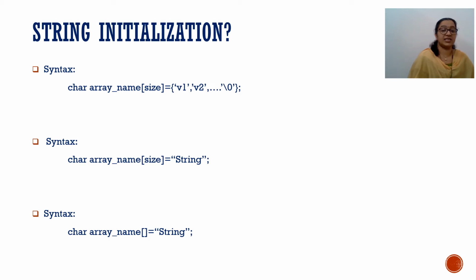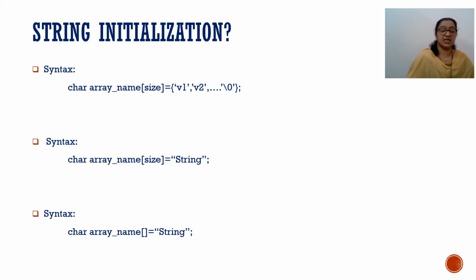Each character is put in single quotes, separated by commas, and at last we add backslash 0 as the ending character, brace close, semicolon. Same as integer array initialization, but the difference is that single quotes for characters are a must. The last letter will be backslash 0, which we must put when using this method.